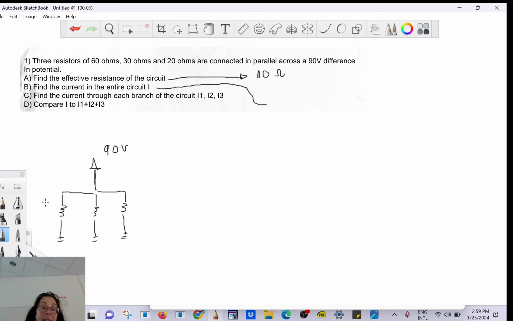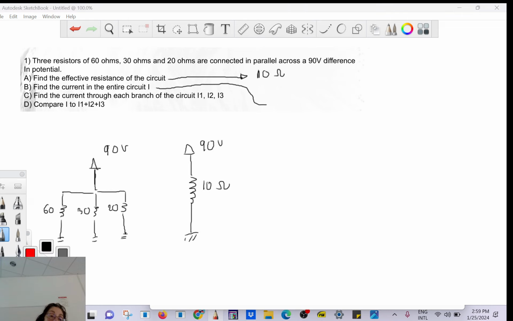This one is 60, this one is 30, the other one is 20. And I can replace that by a single one of 10 ohms.